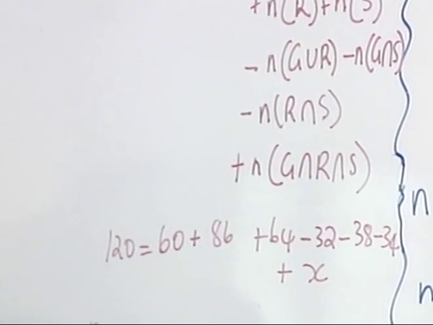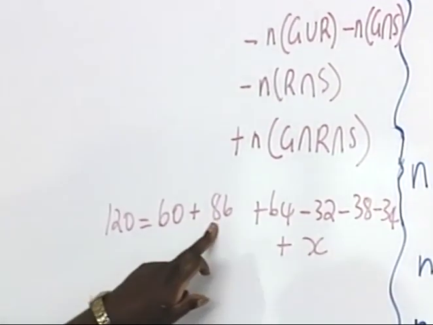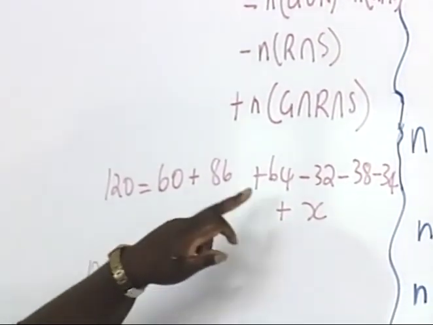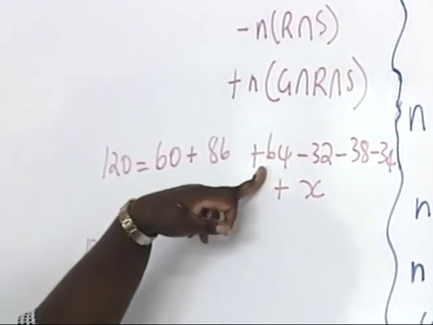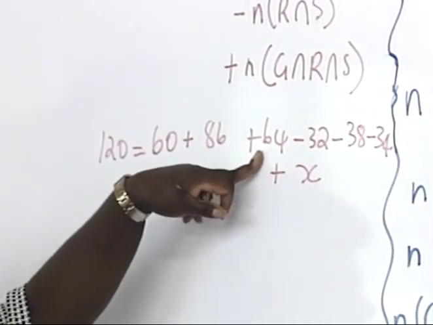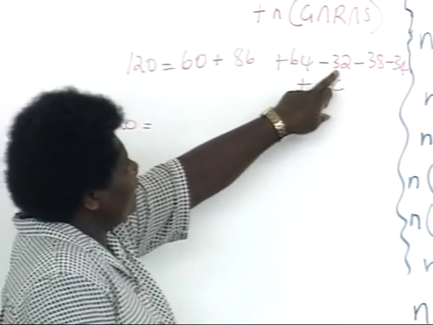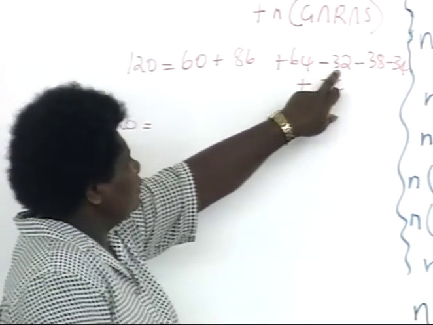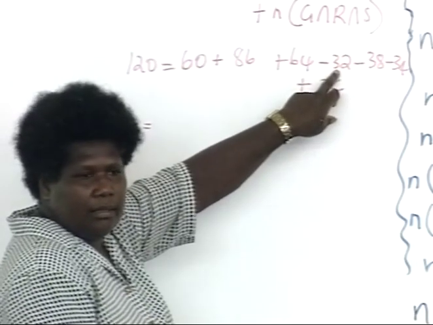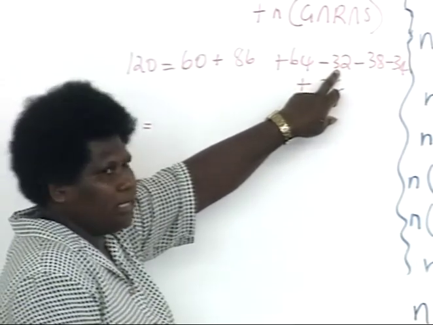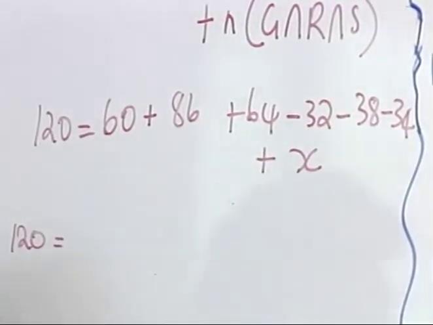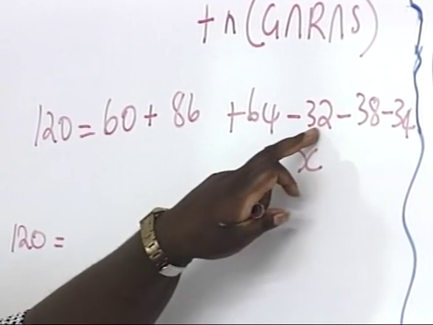Okay, so 120 is equal to 60 plus 86 is 146. 146 plus 64 is 210. Minus 32, what do I get? 178.